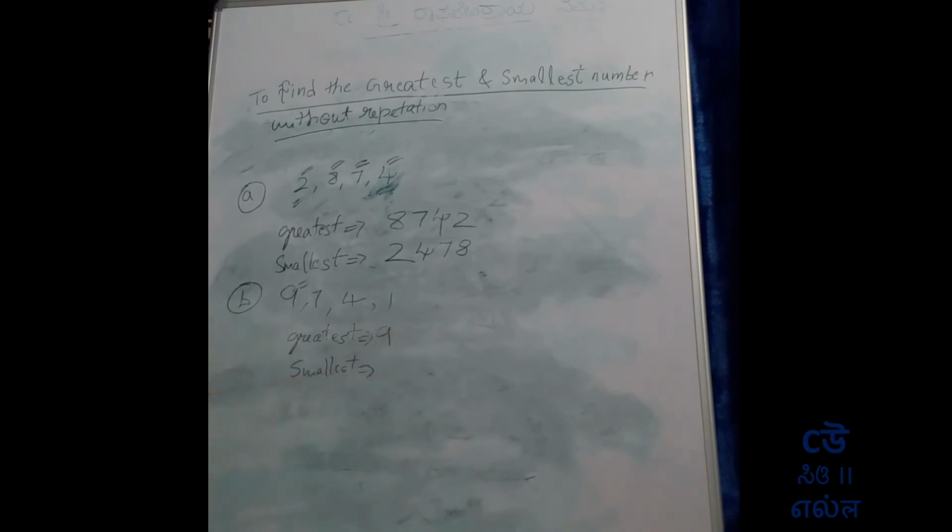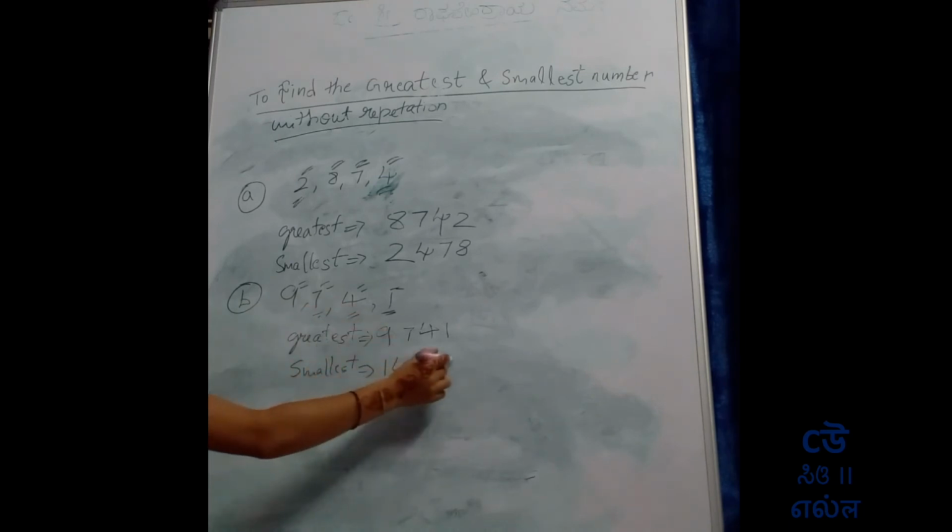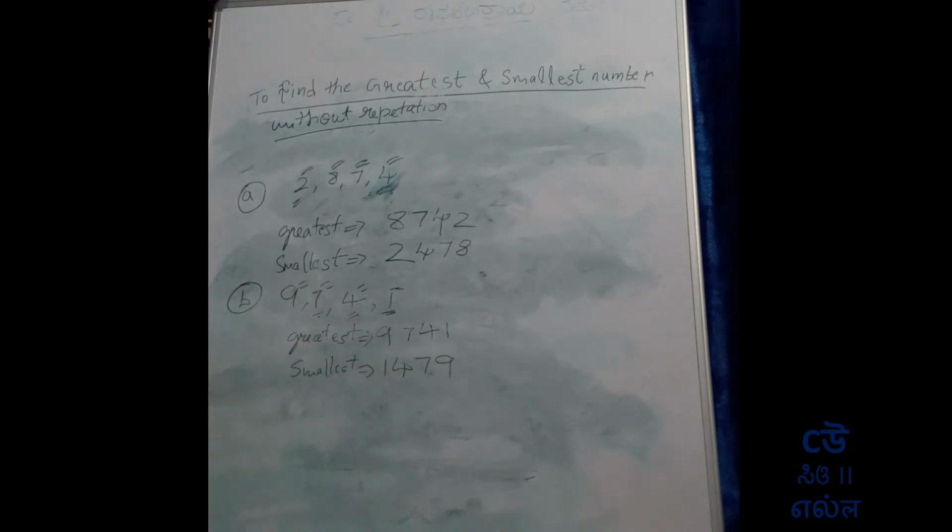So we'll write that. Next bigger number is 7. Next bigger number is 4. Next bigger number is 1. Okay. The next is smallest number. In these 4, which is the smallest number? 1. Next smaller is 4. Next smallest number is 7. Next smallest is 9. Okay.